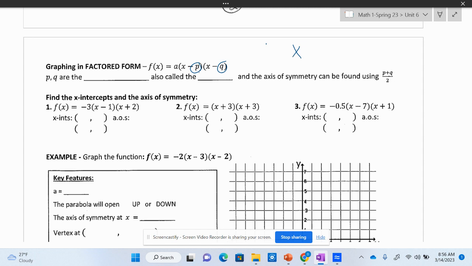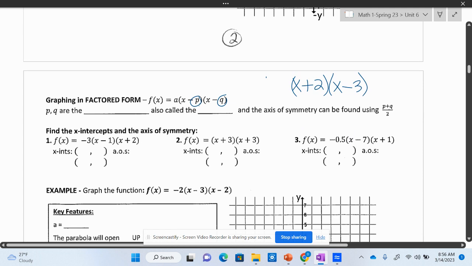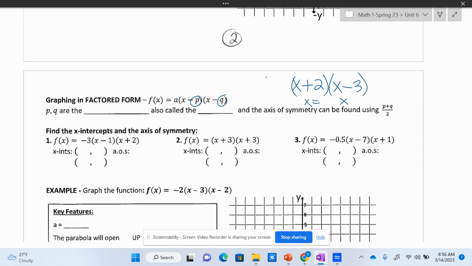Like if I said I had the factors x plus 2 and x minus 3. What are those two numbers? P is just a variable.